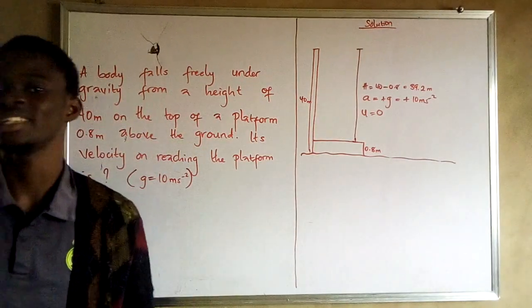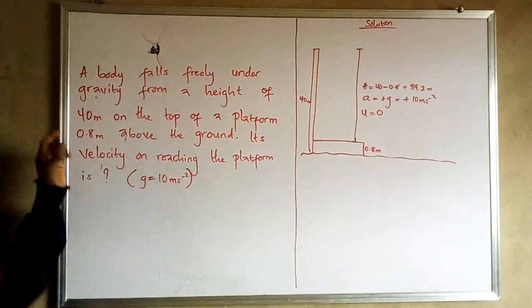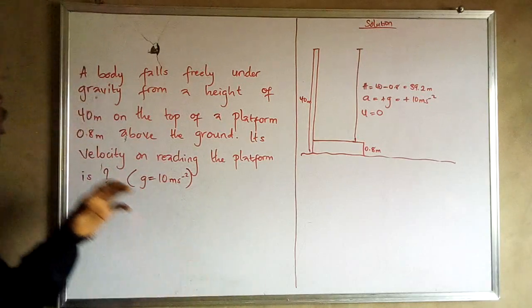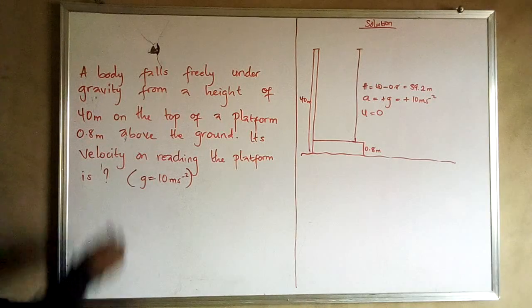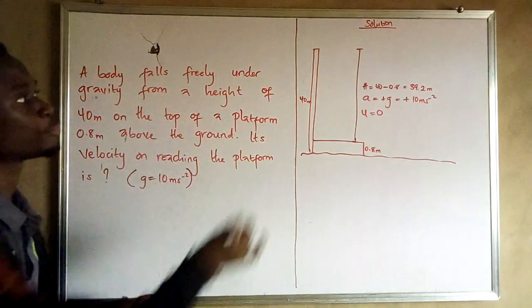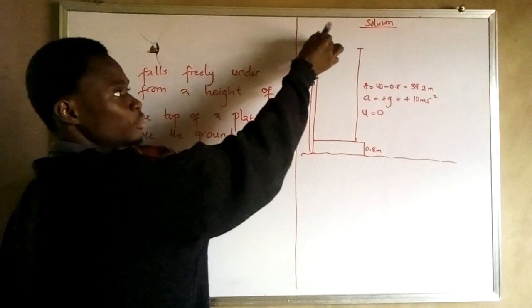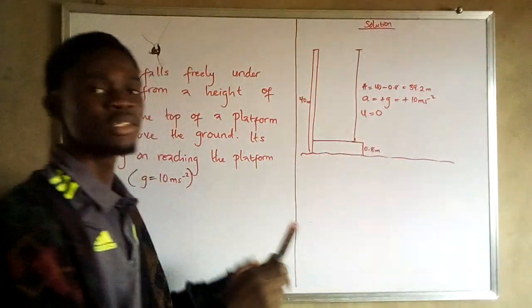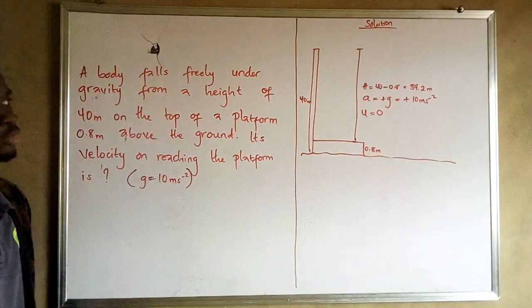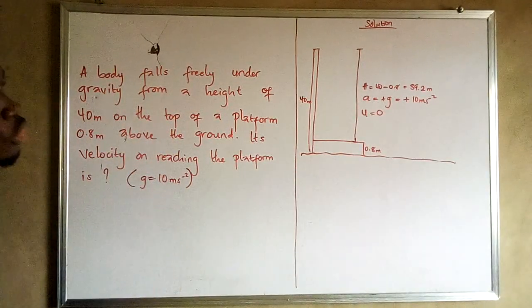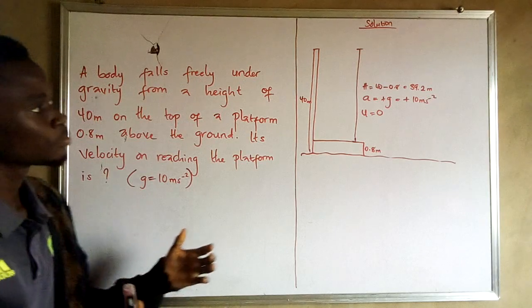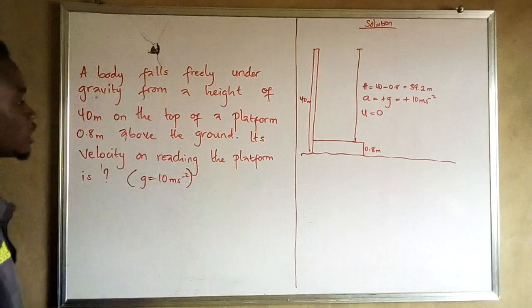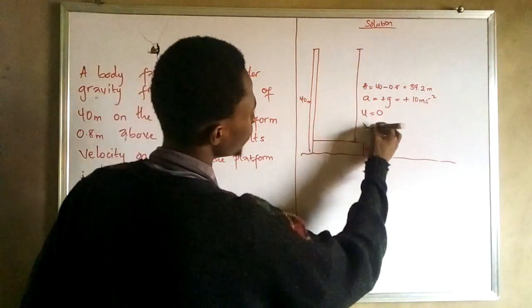Though it wasn't indicated in the question that the object was at rest initially, from our understanding of the question, which says a body falls freely under gravity from a height, before it started falling from here, it was initially at rest. So our initial velocity is going to be 0, because the body starts from rest. Now, these are the values we are having in the question. We have the height of motion, we have the acceleration, and we have the initial velocity, and we are asked to find the final velocity.